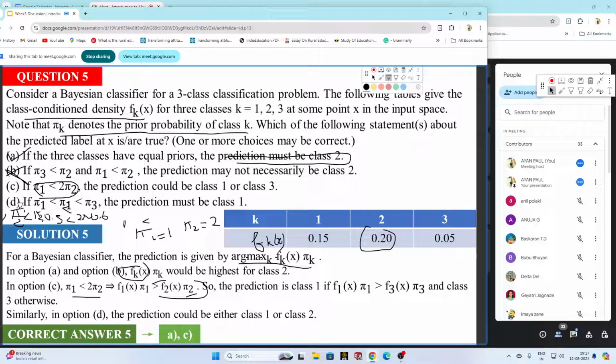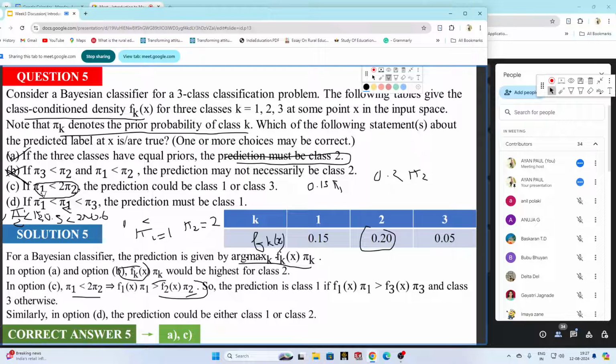Okay, and if pi 1 by 2 is lesser than pi 2, then pi 1 into 0.15 and 0.2 pi 2.